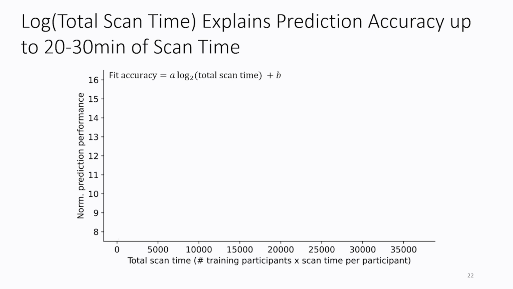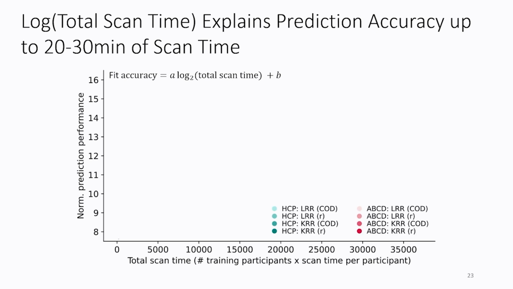The reason why we use normalized accuracy is because some phenotypes are predicted better than others. So this allows us to plot different phenotypes on the same axis. I'm just going to show you the results for the cognition factor scores in the HCP and ABCD first. We looked at different prediction algorithms and different accuracy metrics in these two data sets.